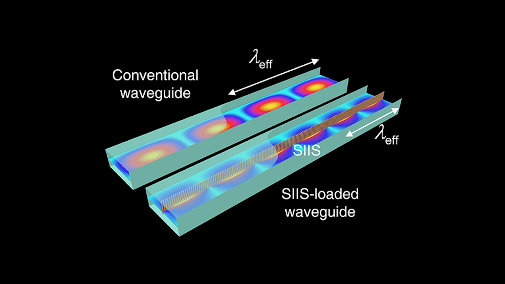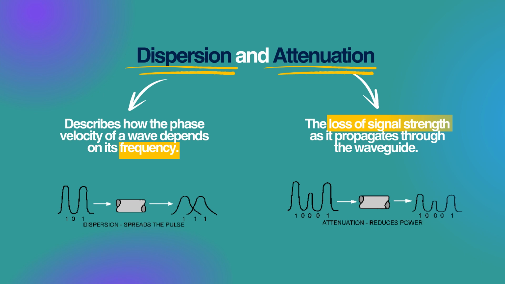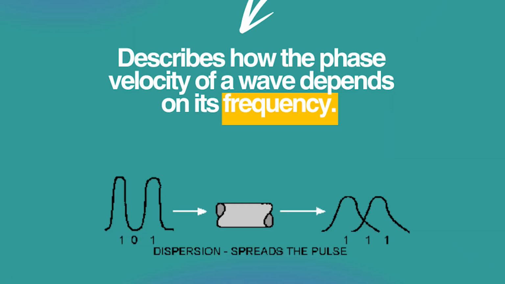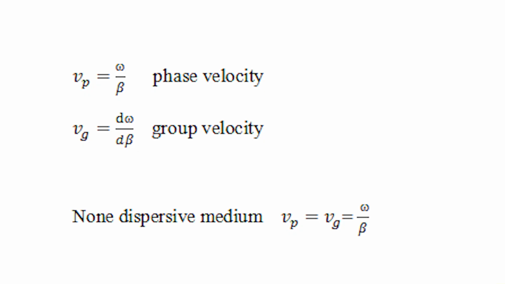Let's discuss dispersion and attenuation in waveguides. Dispersion describes how the phase velocity of a wave depends on its frequency. In waveguides, different modes can have different phase velocities, leading to dispersion.